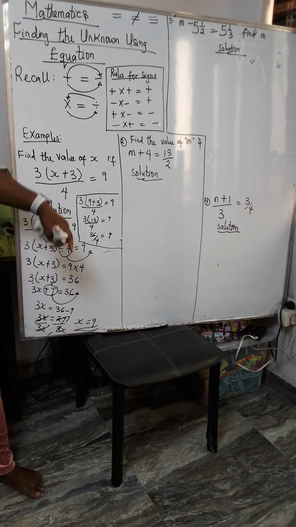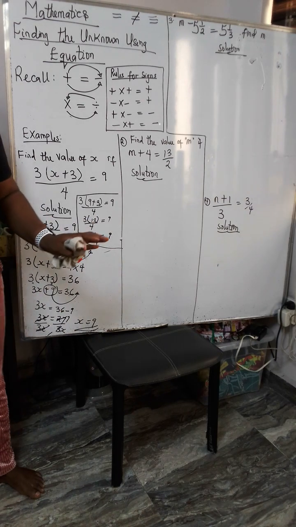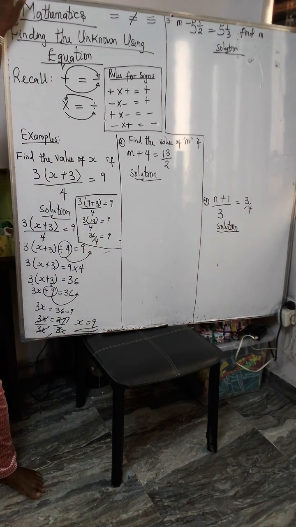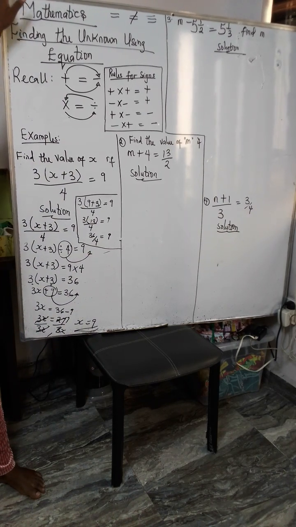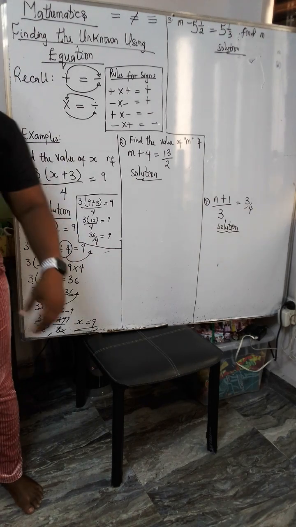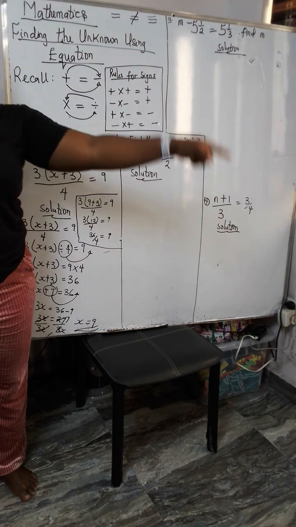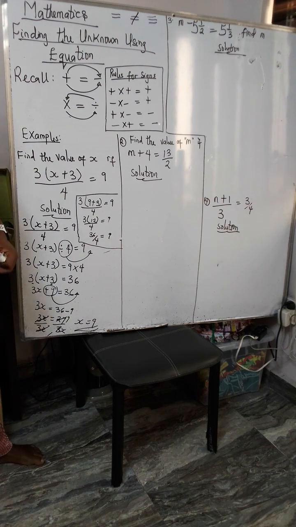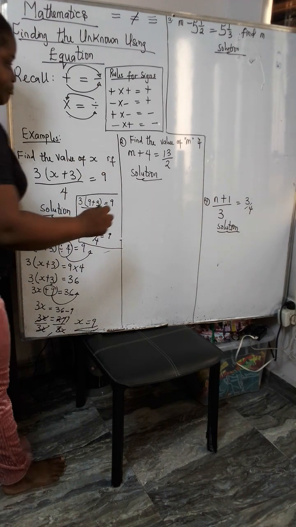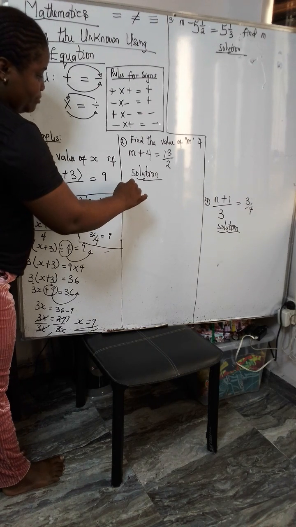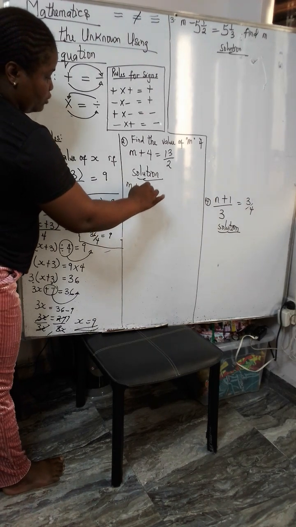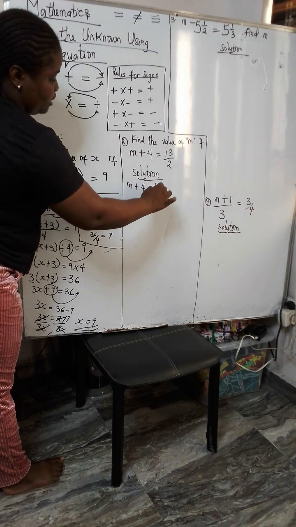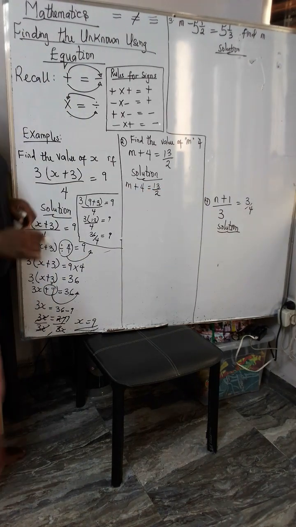Alright, like I said, we will always check our answer. By the time we do the mathematics, we can always go back and get whatever we are supposed to have. So this is m plus 4 equals 13 over 2.